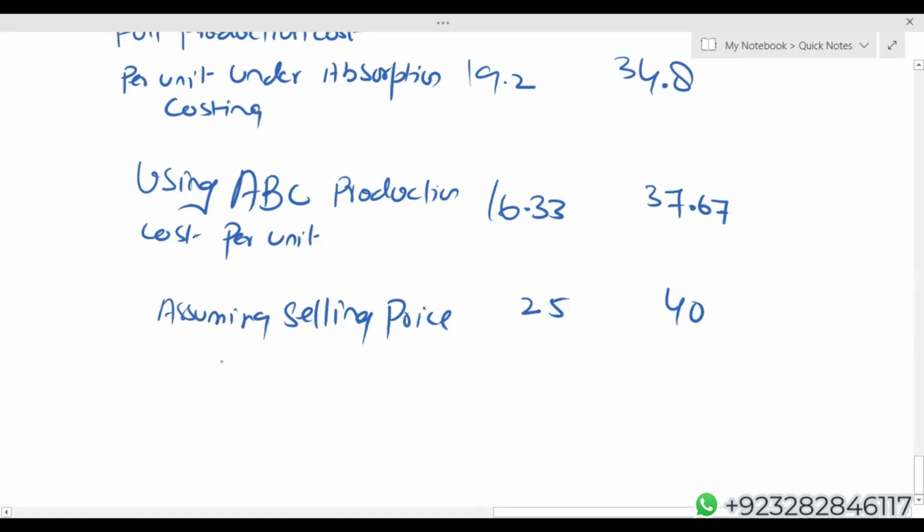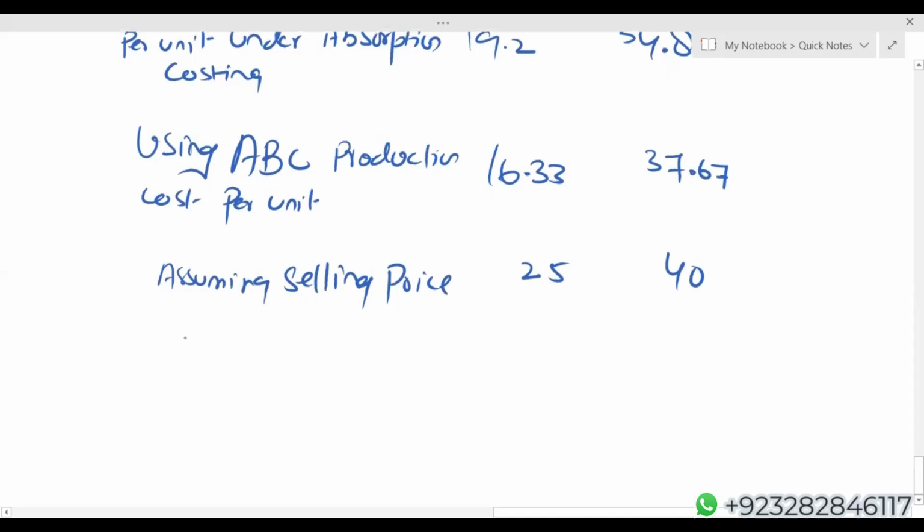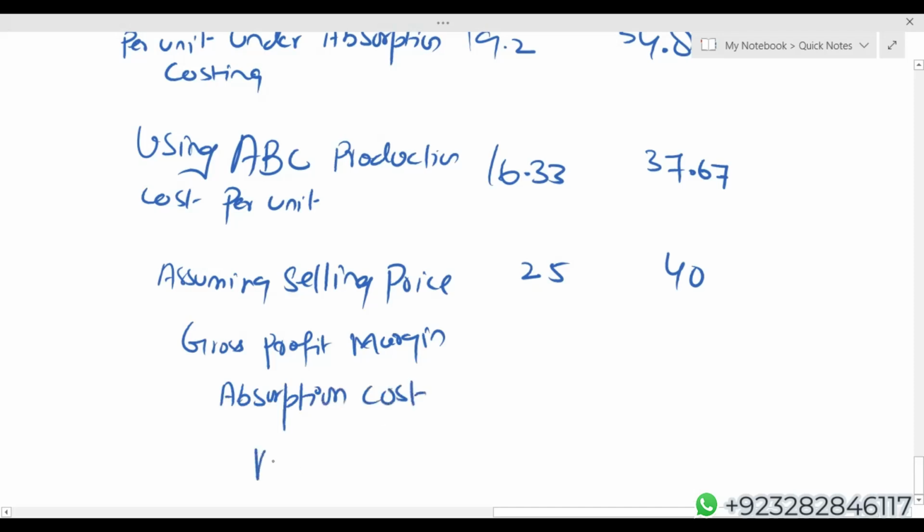Let's see what is going to be the gross profit margin under absorption costing and under ABC. Now, please let me show you.